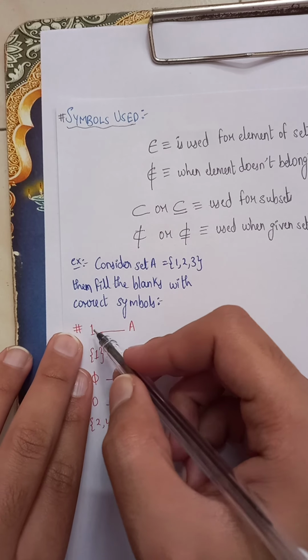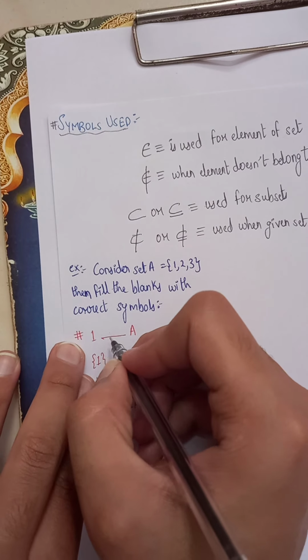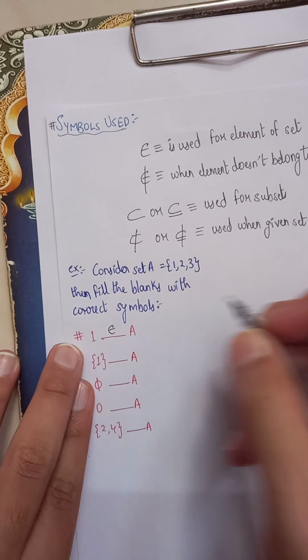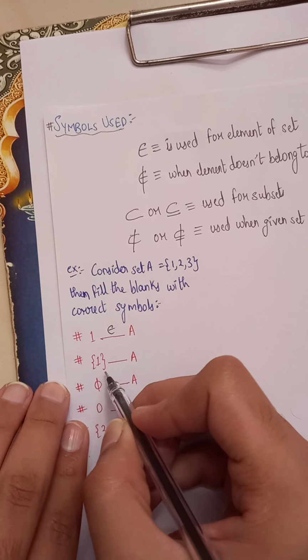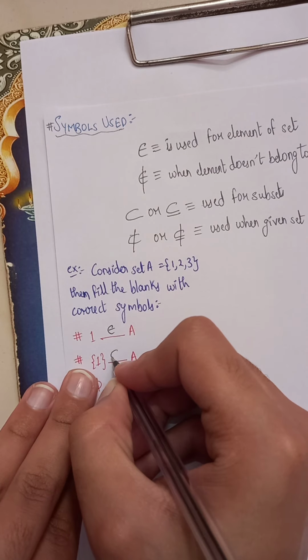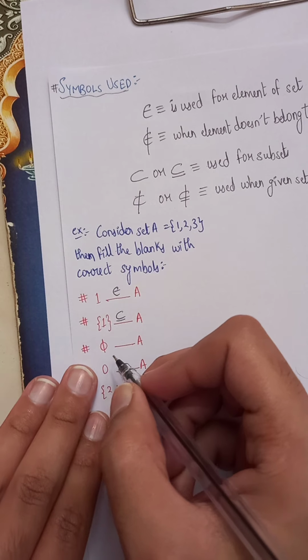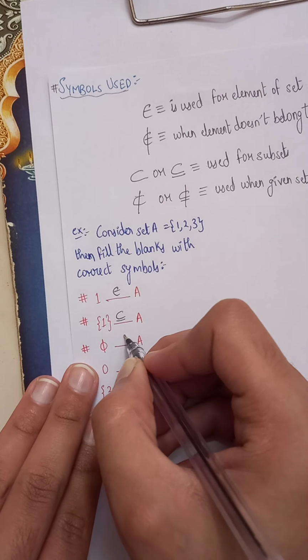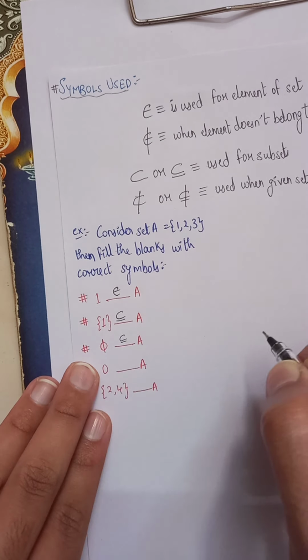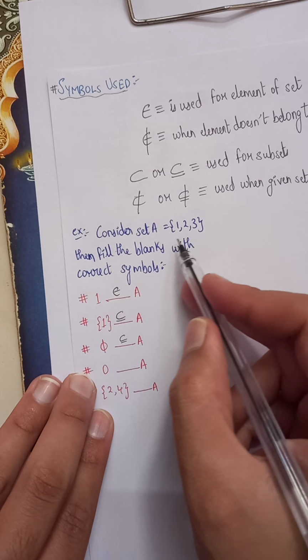Under example 1, does this element belong to set A? Yes, it belongs to set A. What is this then? It is a subset of set A, right? 5 is also a subset of set A. Do you see any element 0 here?